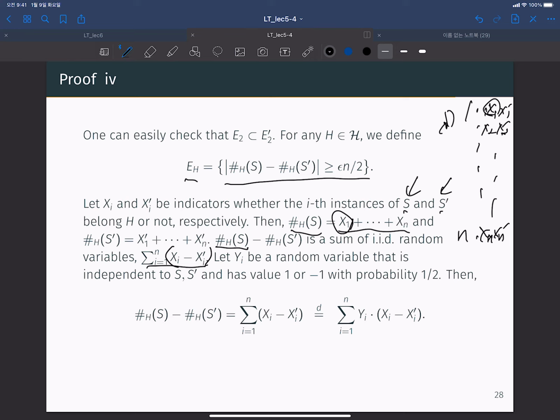And let yi be a random variable that is independent of S and S prime, and it has value either 1 or minus 1 with probability 1/2. Then this random variable is essentially equal to this, and since y is just a coin toss of 1 or minus 1, and this random variable is symmetric around 0, in distribution they are the same.